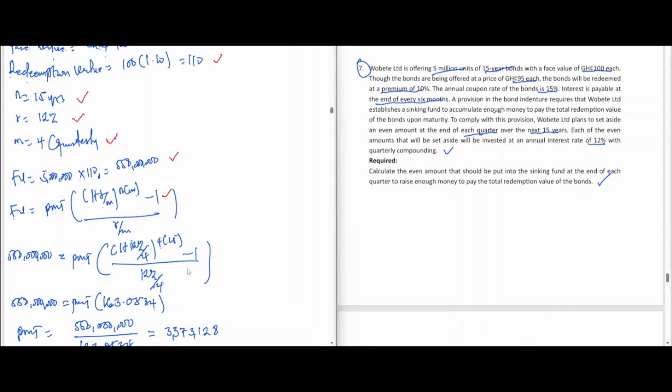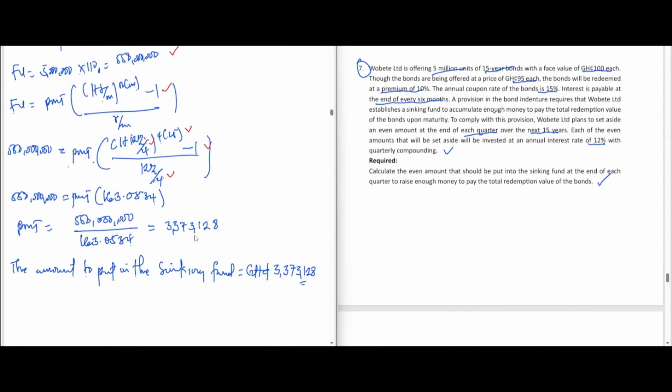Because it is compounding quarterly, we have to divide by the number of quarters. So we have our future value of 550 million equal to PMT times [(1 plus 12% over 4) to the power 4 times 15 years, minus 1] all over 12% over 4. So using our calculator for this, we will now get a value of 163.0534.